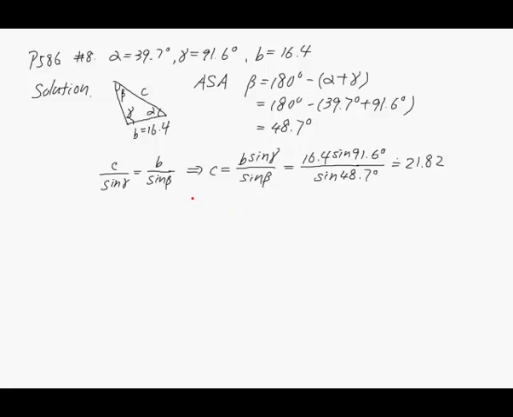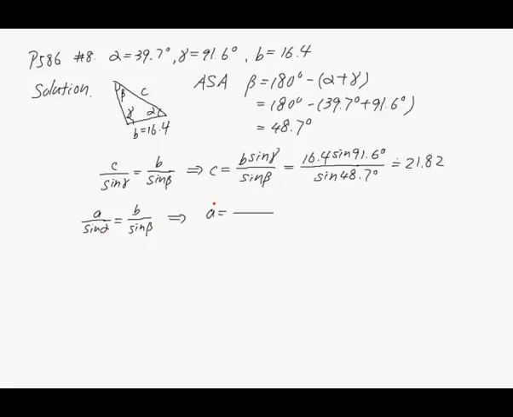And then similarly, you can find A. So you start with A over sine alpha equal to B over sine beta, and then this implies you multiply both sides by sine alpha.